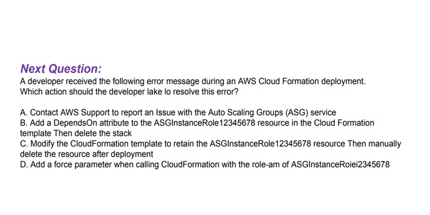And option D. Add a force parameter when calling CloudFormation with the role ARN of the ACG instance rule. The correct answer is option B.